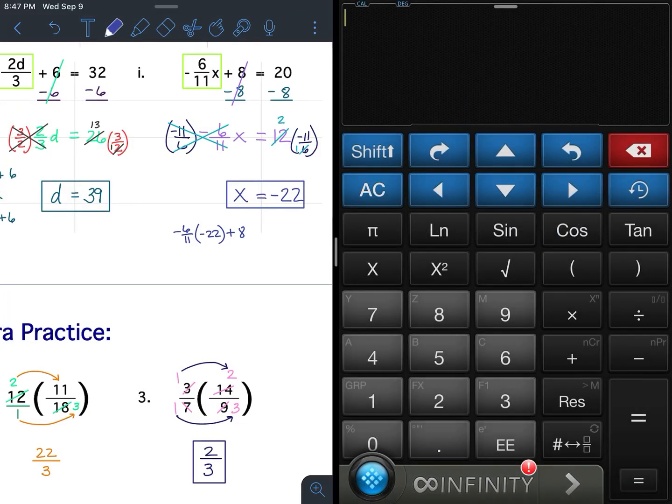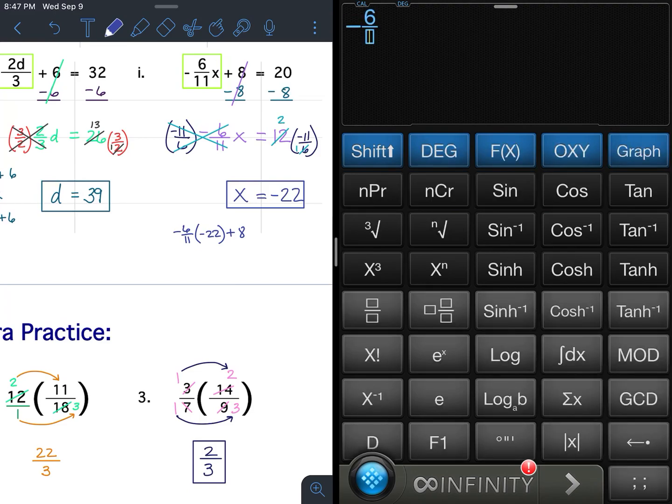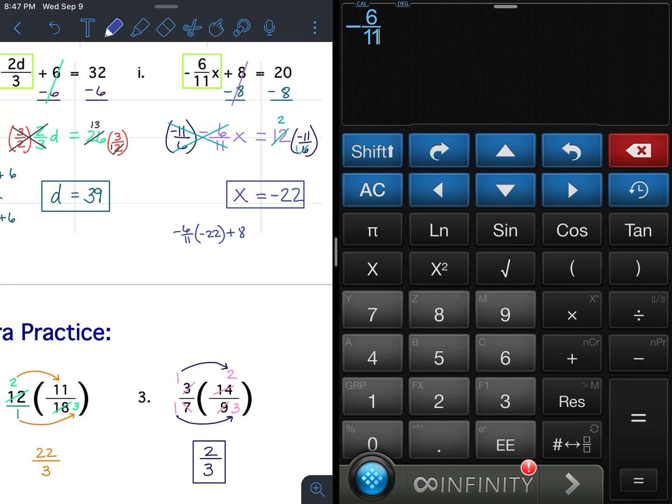All right, so clear that out. I have -6/11 times -22, and then plus 8. I got 20. What answer do I have up here? 20, so we are correct.